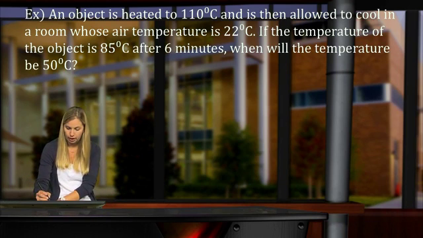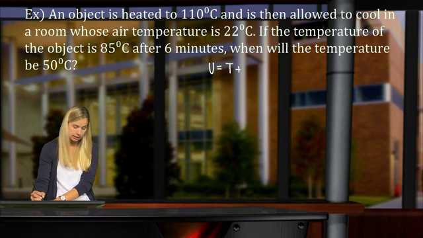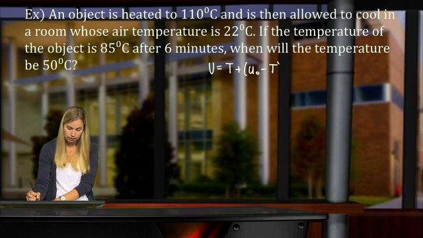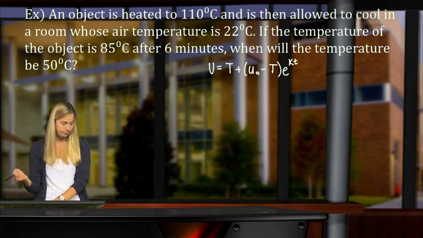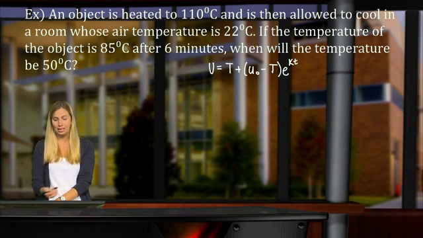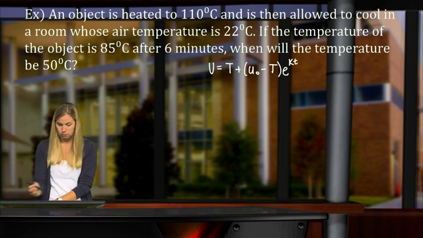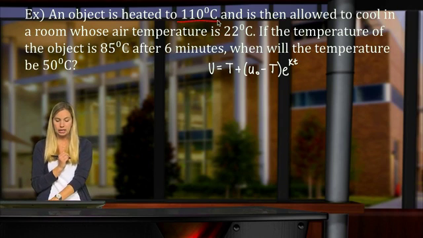Let's go ahead and rewrite our model. It's capital U equals capital T plus U naught minus capital T multiplied by e to the kt. What values are we given in the problem? The object is heated to 110 degrees.